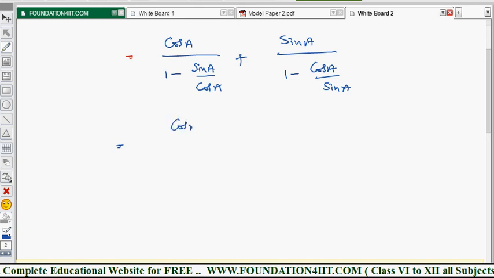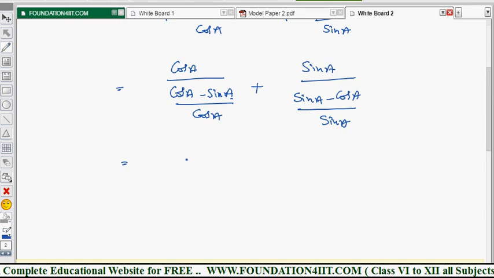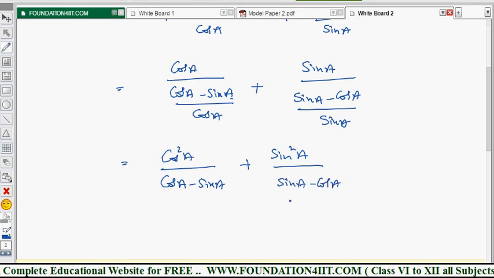That is cos A by cos A minus sin A by cos A, plus sin A by sin A minus cos A by sin A. Next step, we take this denominator to the numerator as a reciprocal, that is cos A into cos A is cos square A by cos A minus sin A, plus sin square A by sin A minus cos A.